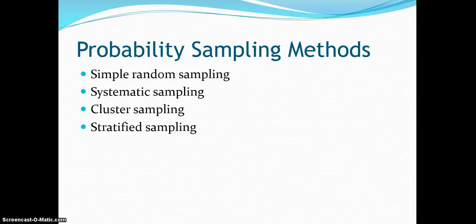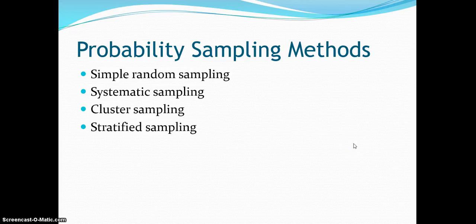Stratified sampling, on the other hand, is very similar to cluster, but it doesn't have two stages. It has only one, and most likely the people in the sample within that population are more homogeneous, and if you were to compare it to cluster, cluster is more heterogeneous.